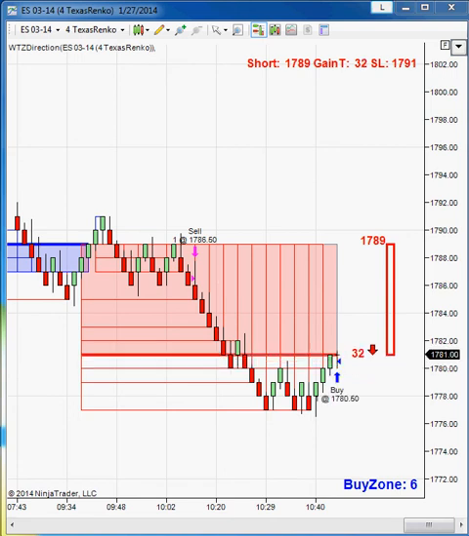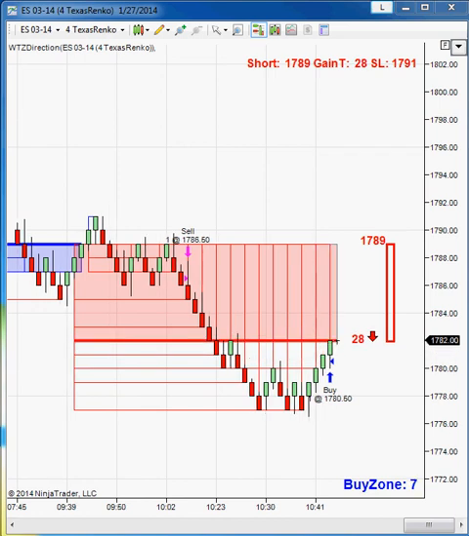Okay, that's good. That's enough, and let me find another opportunity. We don't want to lose our money. We want to keep it in a pocket. And normally our exit is a 1791, but we saw the zone hit the 6.